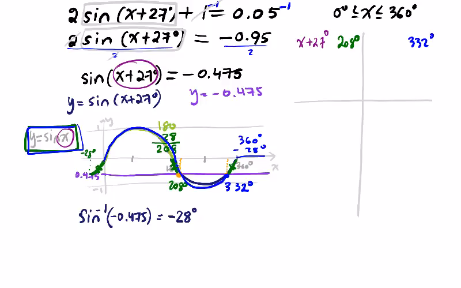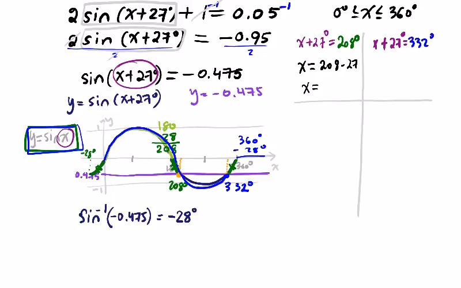So that's what we have to do. Set x plus 27 degrees equal to those base answers. Now we have a small linear equation to solve, where we subtract 27 degrees from both sides.